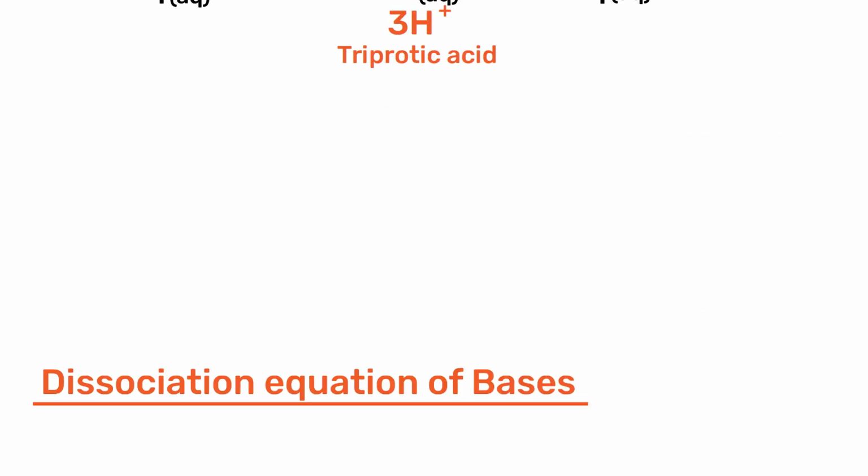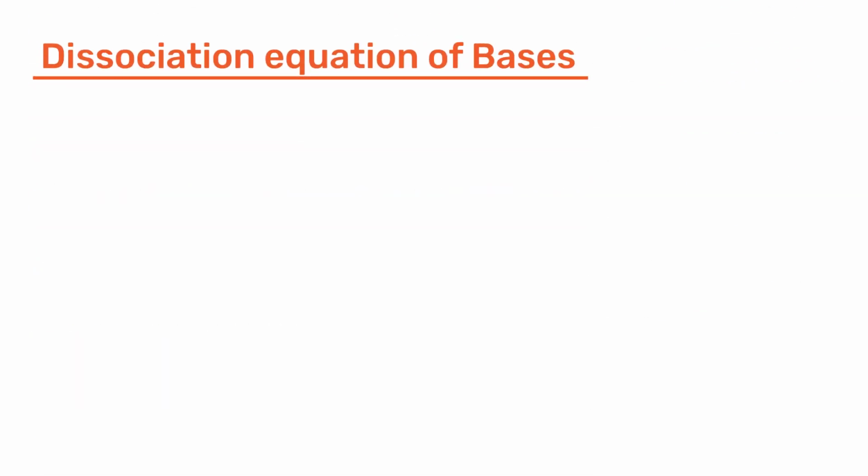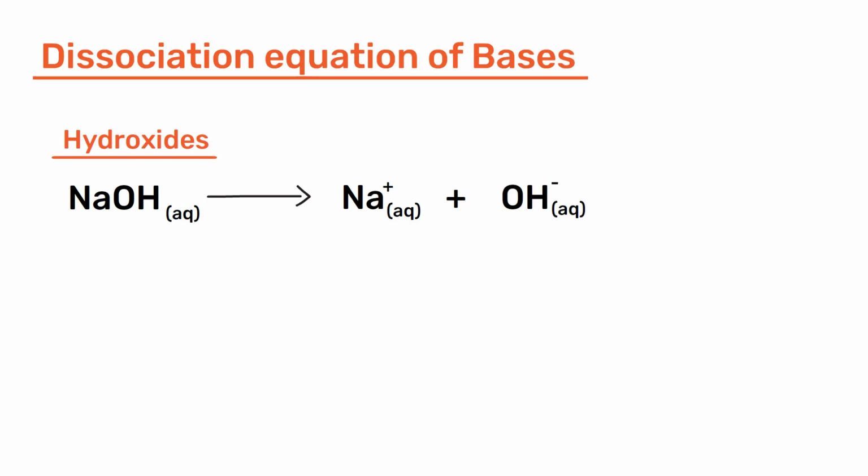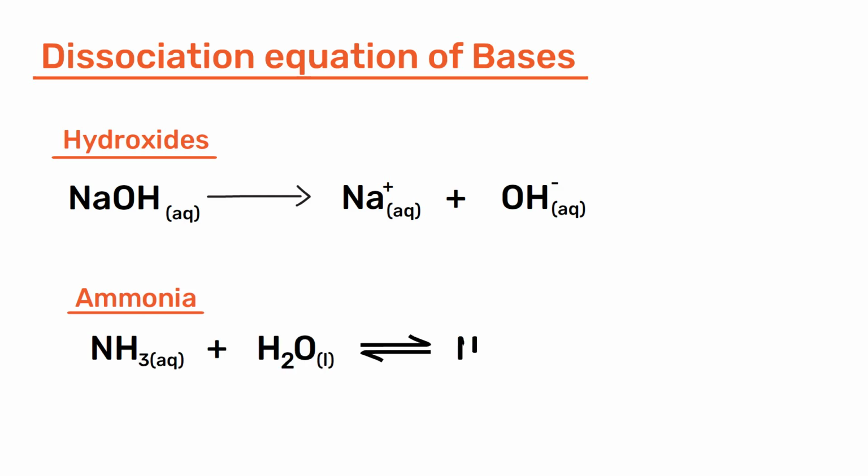For bases, the dissociation of metal hydroxide can be represented by the equation where a metal ion and hydroxide ion is produced. Ammonia does not have hydroxide ion, but it reacts with water to generate OH- ions.